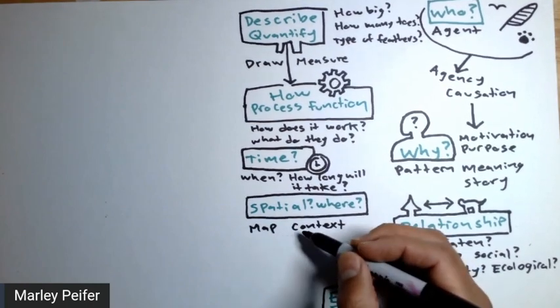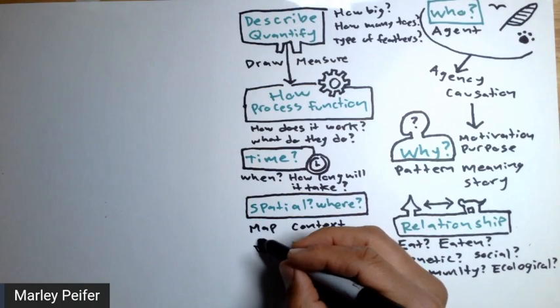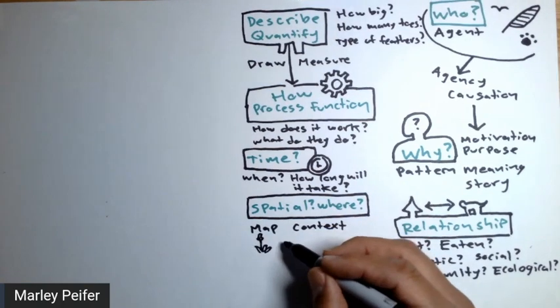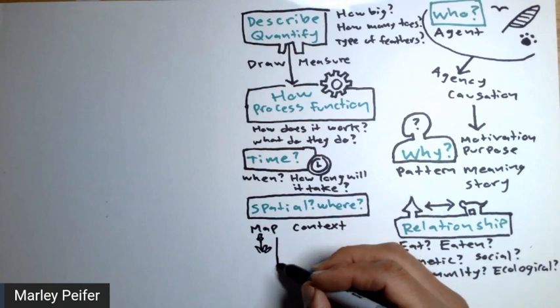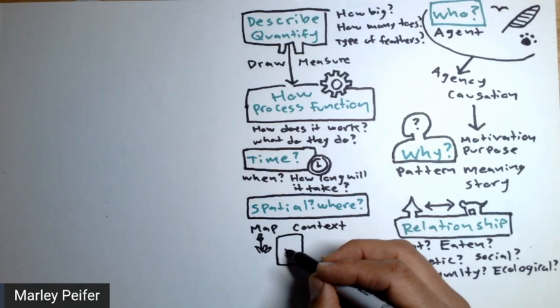So you might be doing a species profile of a plant. And instead of just drawing the plant, you could show a little map of where in the world it exists.